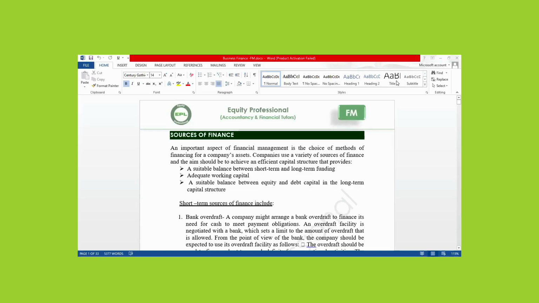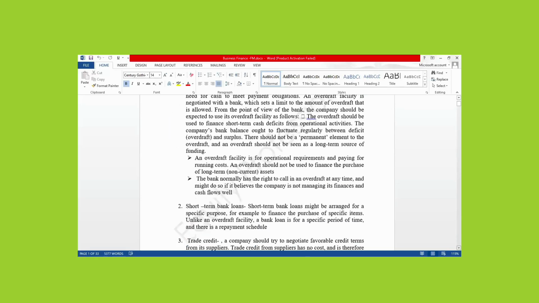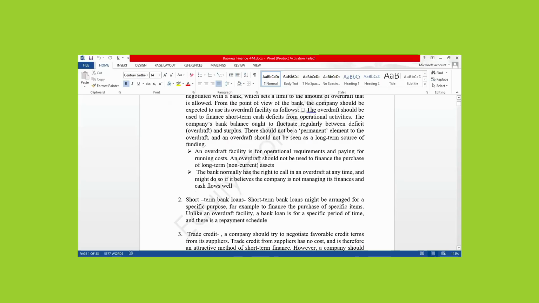Companies should use sources of finance that minimize your overall cost of finance. We discussed this. We discussed short-term sources of finance. We discussed bank overdraft, short-term bank loan.